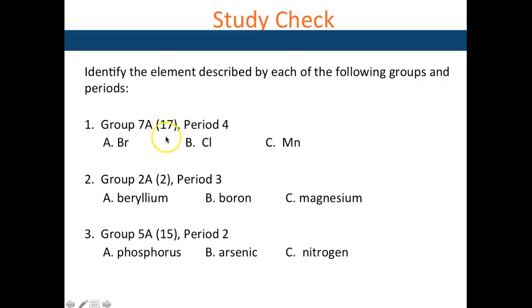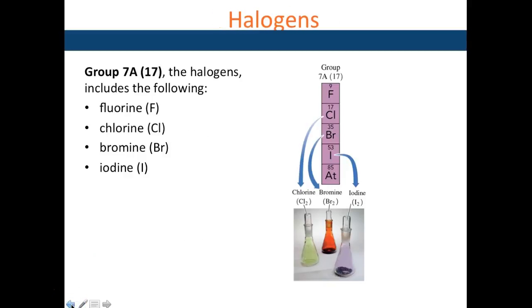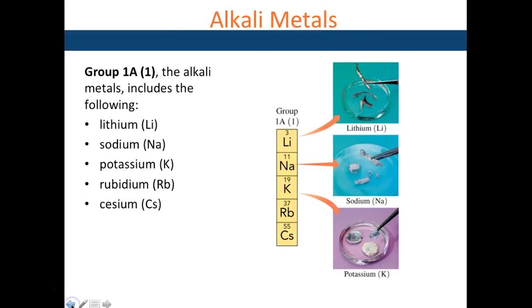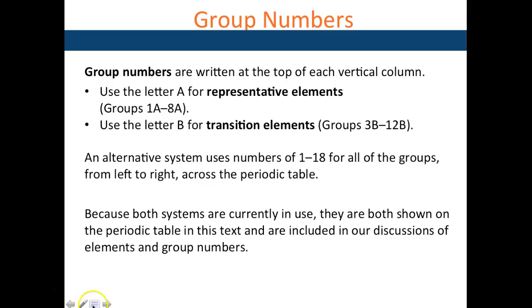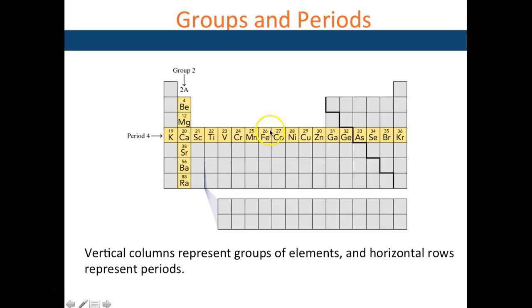Okay, identify the element described by each of the following groups and periods. Group 7A, period 4. So period 4, group 7A would be bromine.